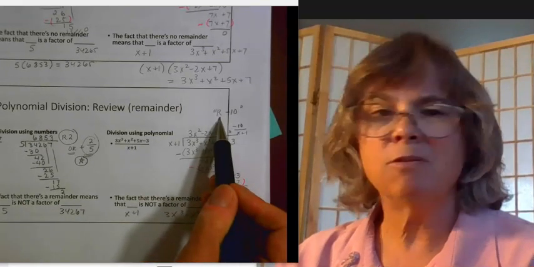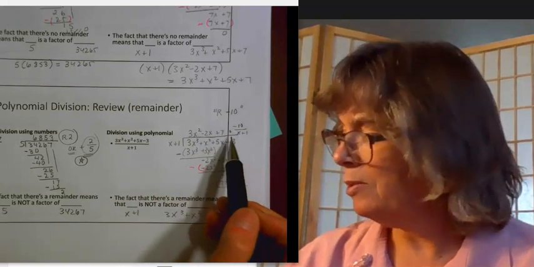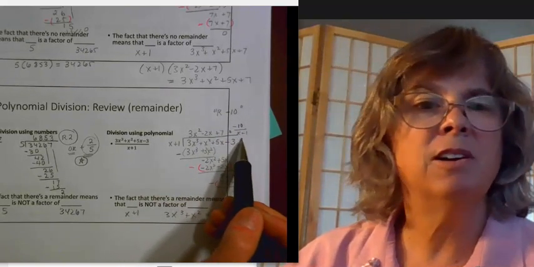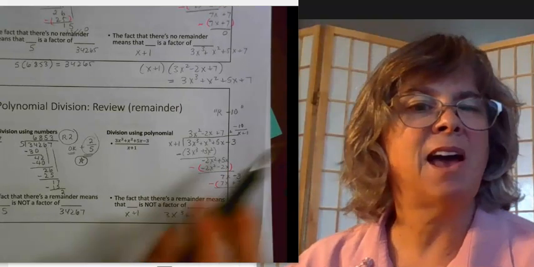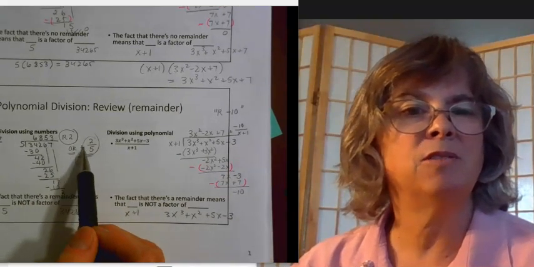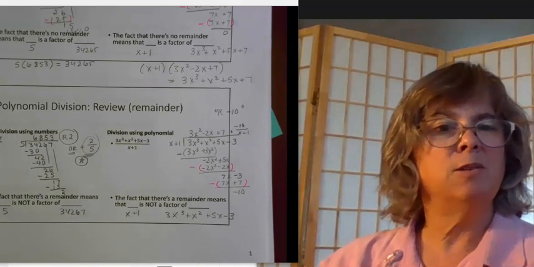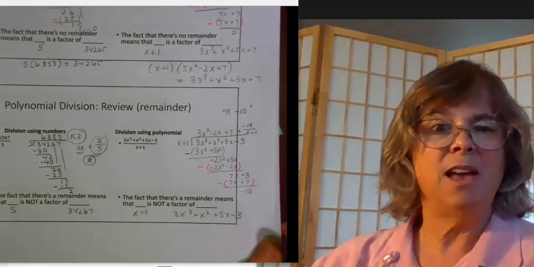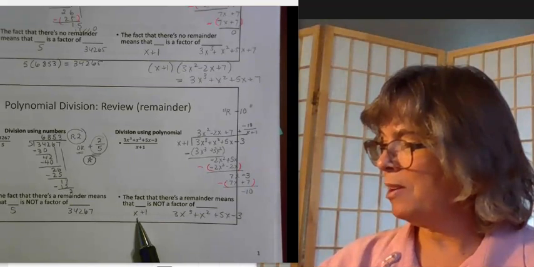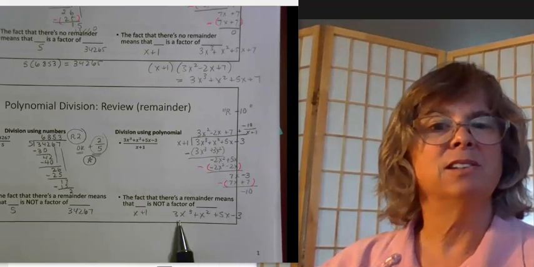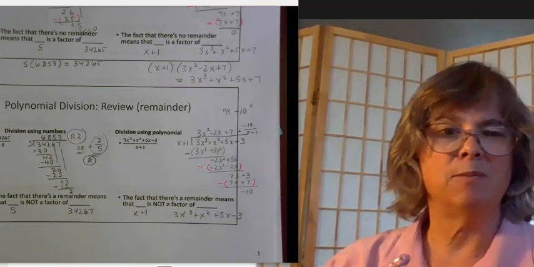So instead of saying remainder 10, you say plus negative 10 over x plus 1. It's exactly the same parallel as what we did over here. And then notice it was not a factor because there was a remainder. And so now we know x plus 1 is not a factor because there was a remainder.